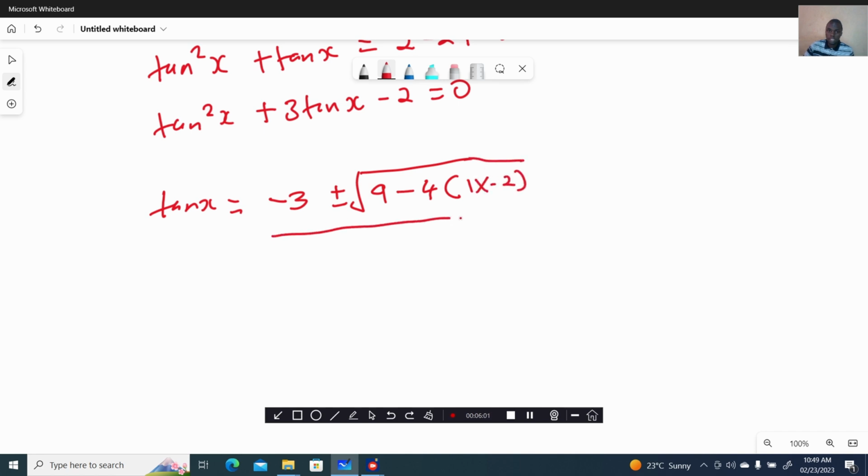Then we divide by 2 times 1. So this is giving us tan x as negative 3 plus or minus the square root of 17, over 2.